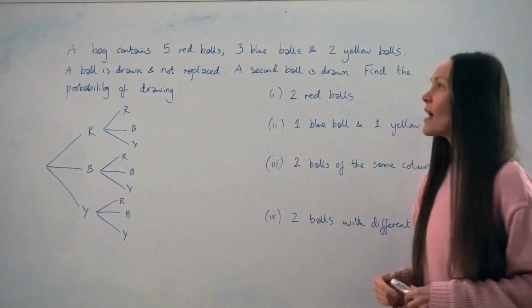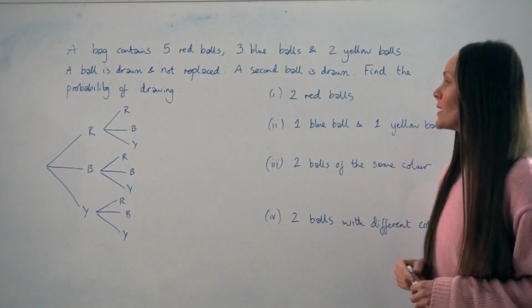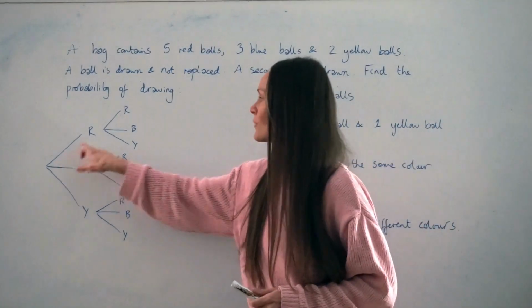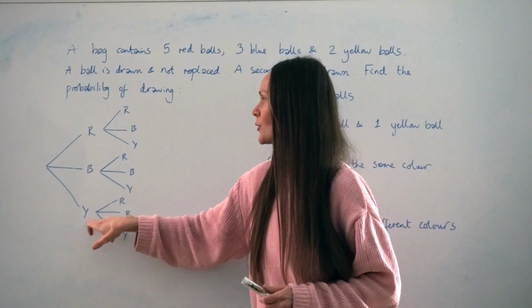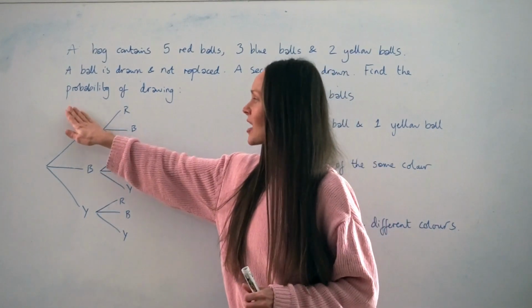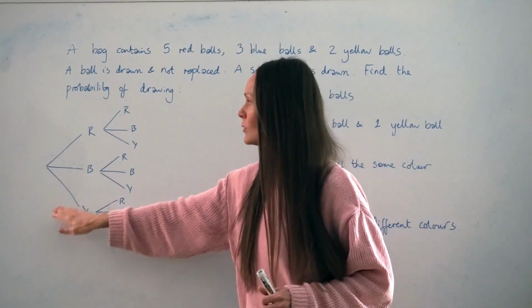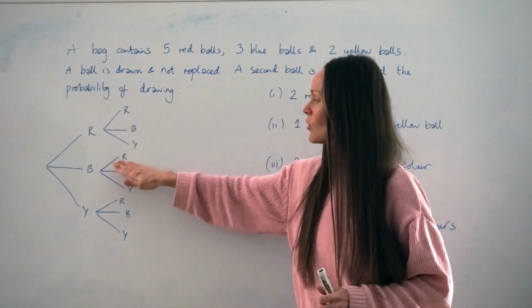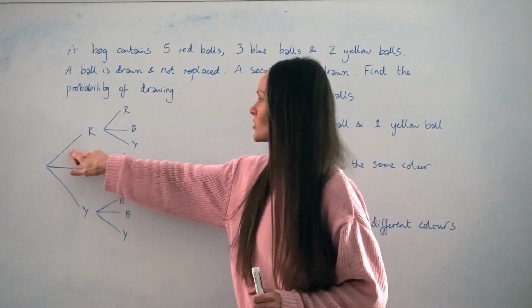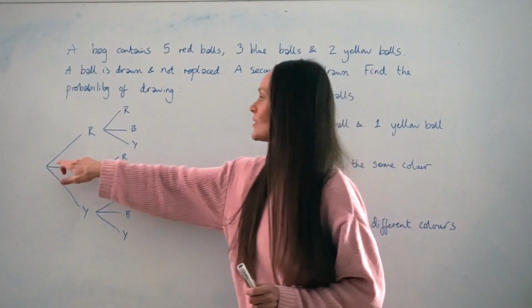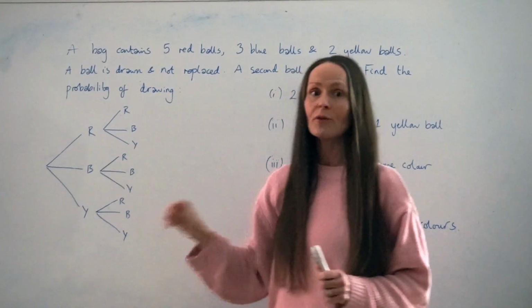In this question, there are 3 different colours, red, blue and yellow, so there are 3 separate branches here. Red, blue and then yellow. Remember, these branches at the start are when you draw the first ball, and then these branches further along are when you draw the second ball. Now let's consider the first branch here. This is as if we take a red ball on the first go.